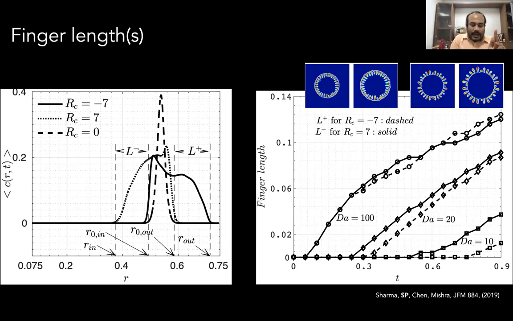So the dash-dotted line is the case where RC is 0. That means the viscosity of the product is equal to the viscosity of the reactant. If that's the case, we'll see that this product C will undergo only advection and diffusion.